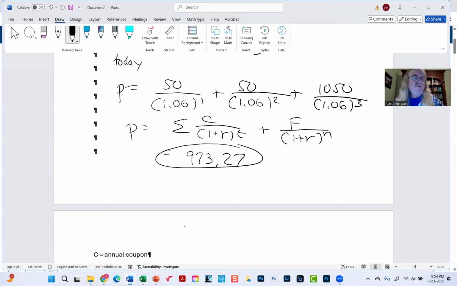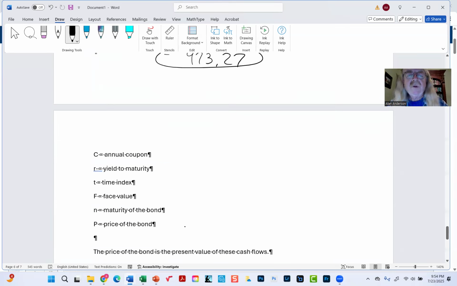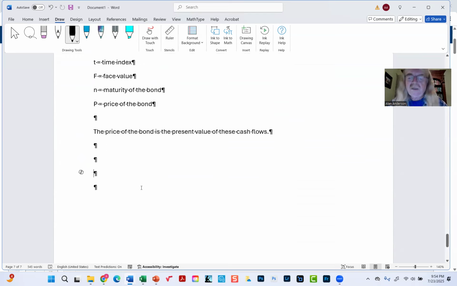Now, if you were to draw a price yield curve for this bond, it would be 1 point on that price yield curve that we just created.